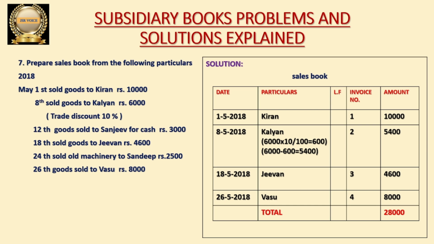Next, 24th date, sold old machinery to Sandeep. Sold, a sales related transaction, fine, but let us see whether it is satisfying three conditions or not. So sold old machinery, they are not selling goods, they are selling old machinery. Machinery is an asset. If you want a list of assets and liabilities, you can refer to the opening entry or trial balance video, so that you will understand what assets actually are for the business, because I mentioned the assets list as well as the liabilities list there.